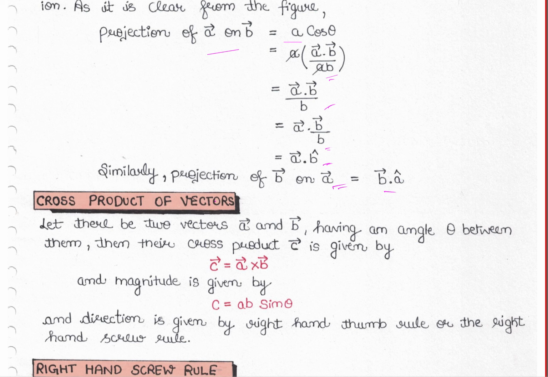Now cross product of vectors. Let there be two vectors A and B having an angle theta between them. Then their cross product C is given by C is equal to A cross B, and magnitude is given by C is equal to AB sin theta, and also a direction, and the direction is given by right hand thumb rule or the right hand screw rule.